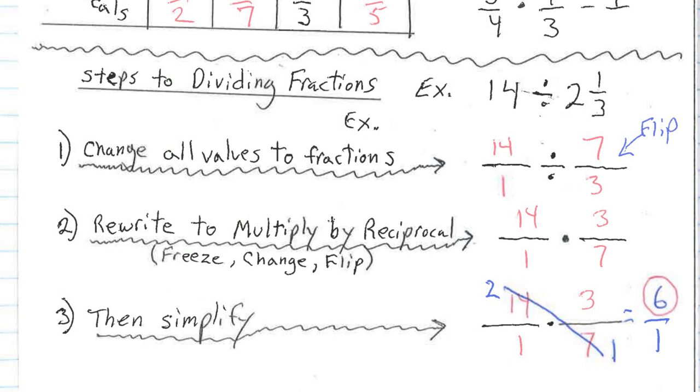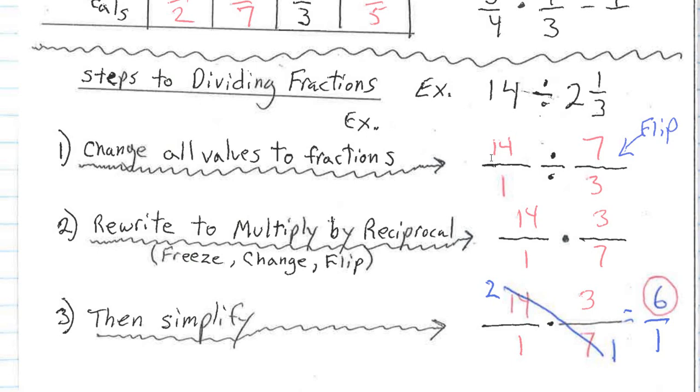The next step, rewrite to multiply by reciprocal. Now, some of you may remember this as freeze, change, flip, but basically you rewrite it to multiply by reciprocal.